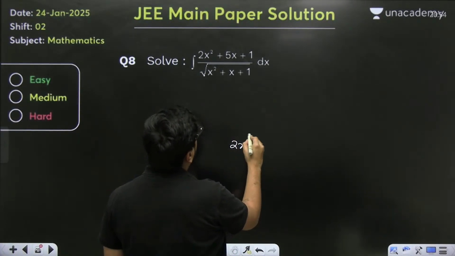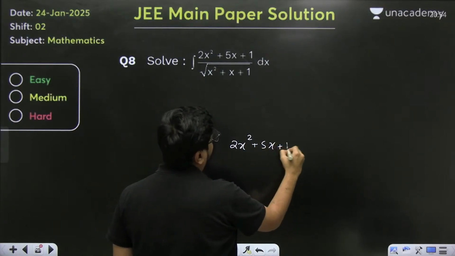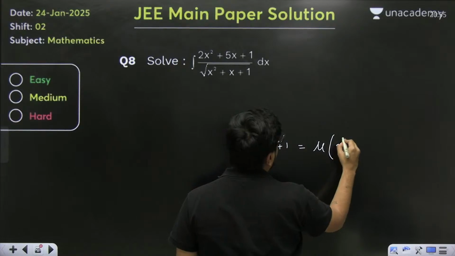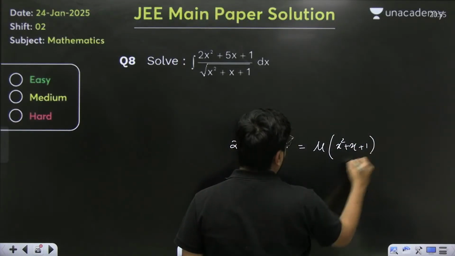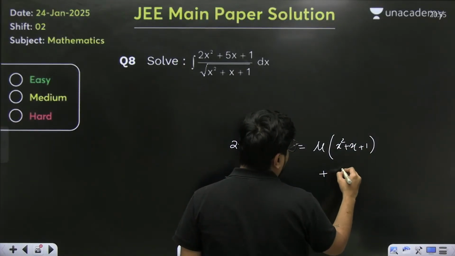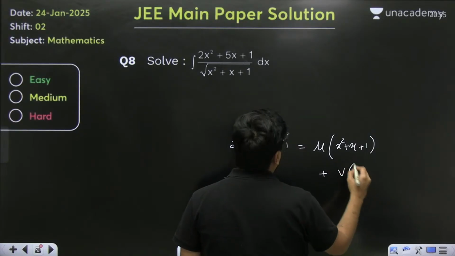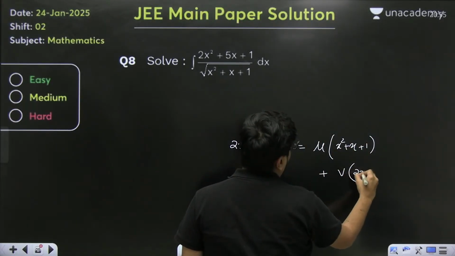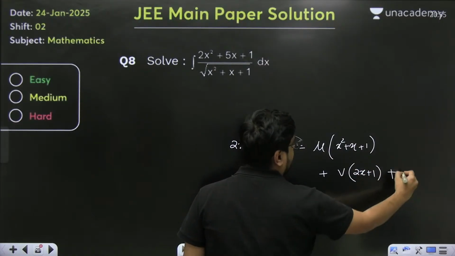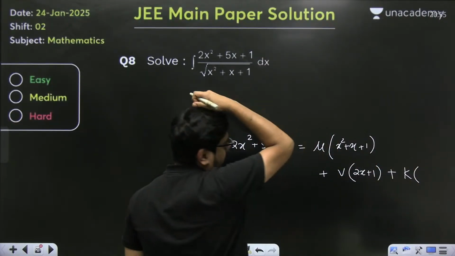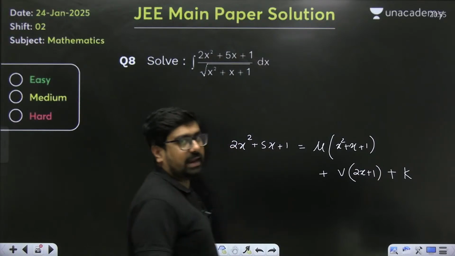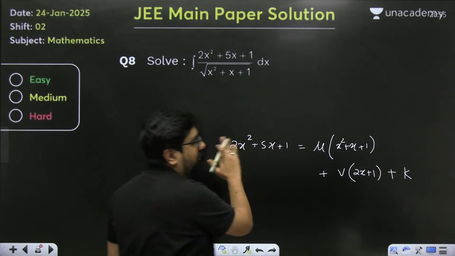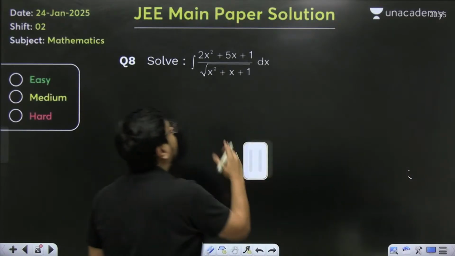You will take this 2x square plus 5x plus 1, and write it like this: mu into the same quadratic, that means x square plus x plus 1, plus let's say v into the derivative of this quadratic, that means 2x plus 1, plus some k, a constant. Then you will compare everything and finally find the values of mu, v and k, and then write it in this way.